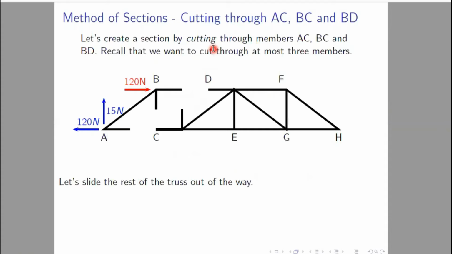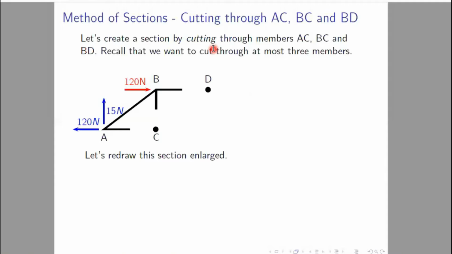We have just kept the other section aside, and we are just considering the left portion. We are dealing with the left portion only at the first part. So if we keep only the left part, then what will happen actually? The point D was there, this particular point C was there, and we have cut the section.